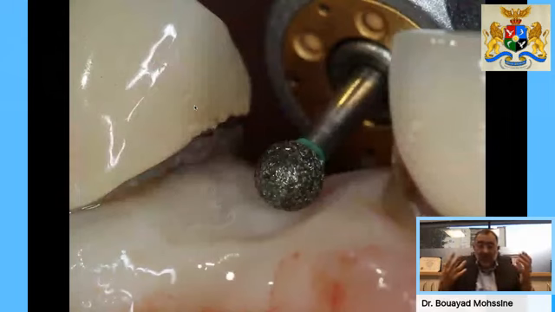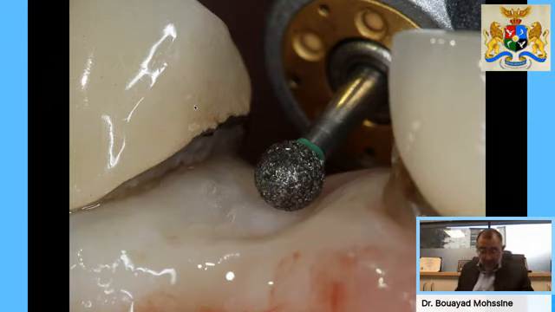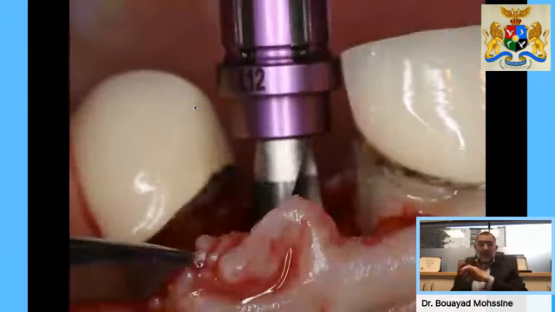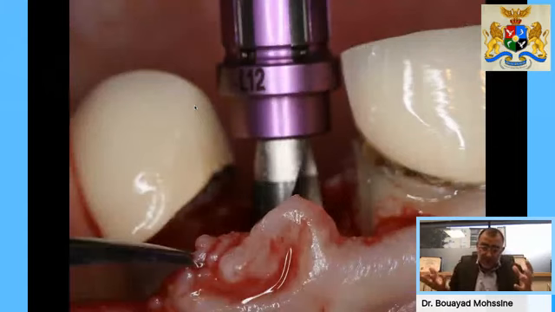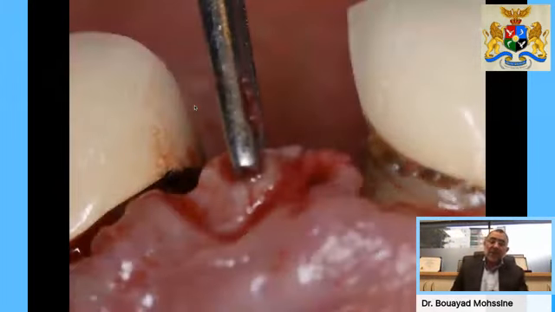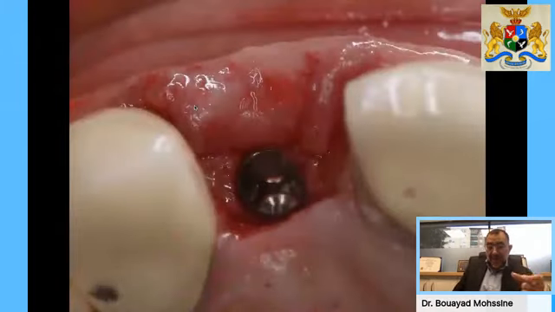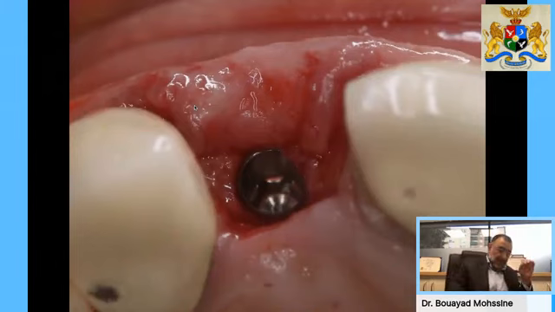First of all, we have to take out the epithelium of this gingiva before beginning the surgery in order to have only the connective tissue during surgery. We place the implant at the same time with the mini-invasive surgery, and we can see here the connective tissue that we placed into the cavity.